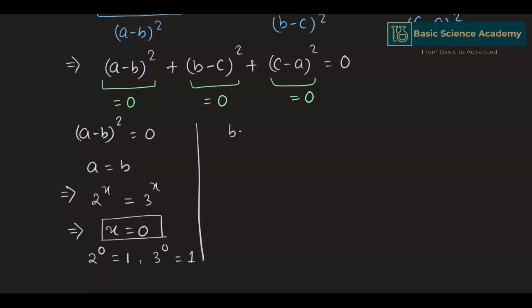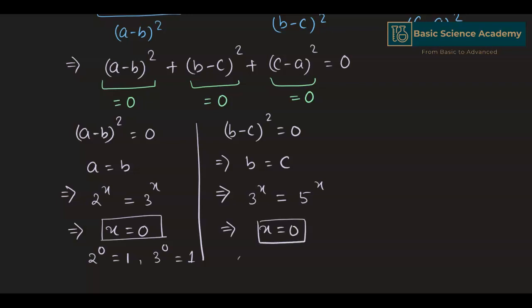Now b minus c whole square is equal to 0 is possible when b is equal to c. Previously we have considered b equal to 3 to the power of x and c equal to 5 to the power of x, and this is possible when x is equal to 0, because 3 to the power of 0 equals 5 to the power of 0 is equal to 1.